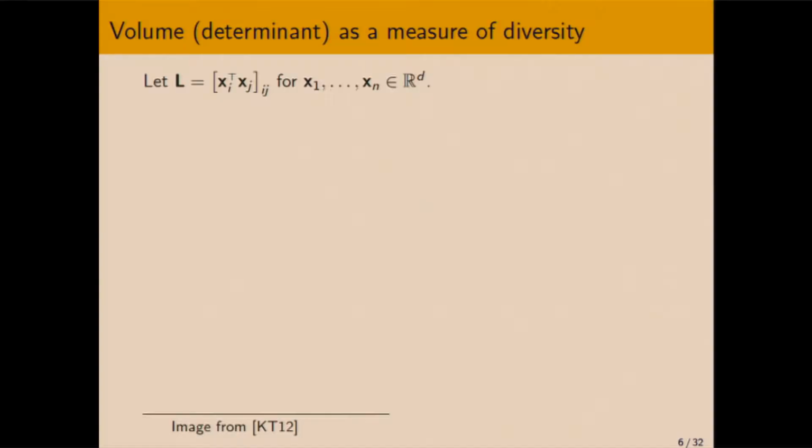Why would this distribution induce diversity? For this, we go to the formulation of a determinant as volume. Suppose that our matrix L is a kernel matrix of dot products between n vectors in some Euclidean space. Then the determinant of the submatrix L_S for any subset S corresponds to the volume squared of the parallelepiped spanned by the vectors that we select.